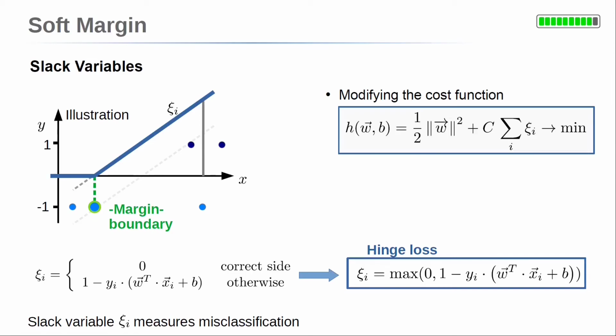It is called the Hinge loss. We can substitute this into the cost function. So this is the final cost function for soft margin support vector machines. Note that we can derive also a dual formulation for this soft margin cost function.